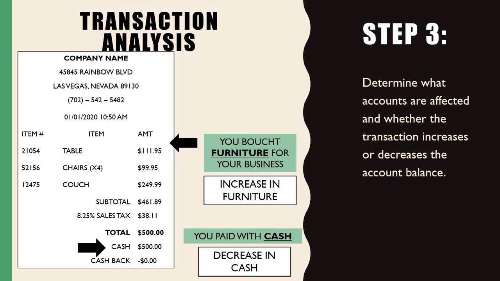We bought a fixed asset. So what are we doing? I increased my fixed assets, or I increased my furniture. And how did I pay for it? Well, I paid for it using cash. So therefore, I must have decreased my cash. Okay? That is how this is affecting my accounts.